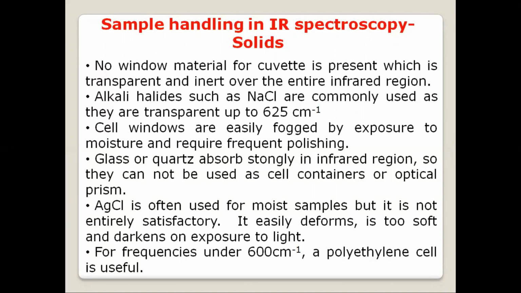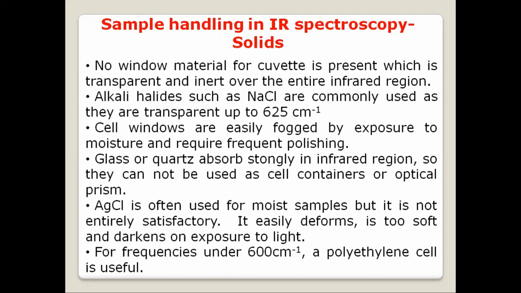The range for IR, which is mainly used for analysis, is 670 to 4000 per centimeter. So whatever material you use for the sample cells should be IR transparent, that is, it should not absorb any radiation in the range of 670 to 4000 per centimeter wave number.